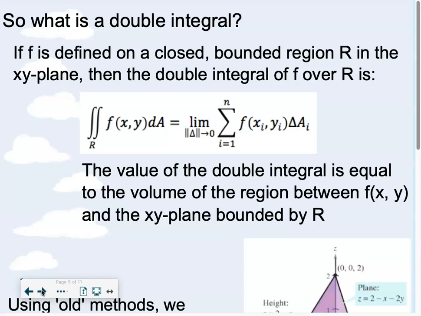I love that it's just a delta symbol, but that's notation we'll talk about in a minute. So as delta approaches 0, really it means change in y and change in x, the space surrounding the point approaches 0, of the sum as i goes from 1 to n of our z values for every possible area value.